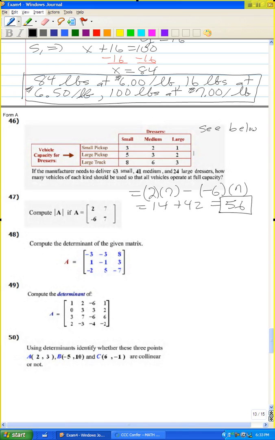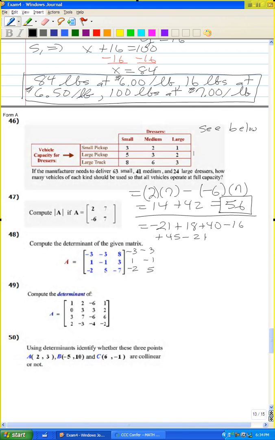Let's compute the determinant for the 3 by 3 matrix. So let's repeat the first two columns. So -3, 1, -2, -3, -1, 5. So if I multiply, I get -21 plus 18 plus 40 minus 16 plus 45 minus 21.